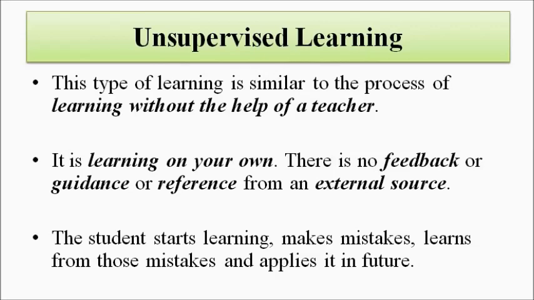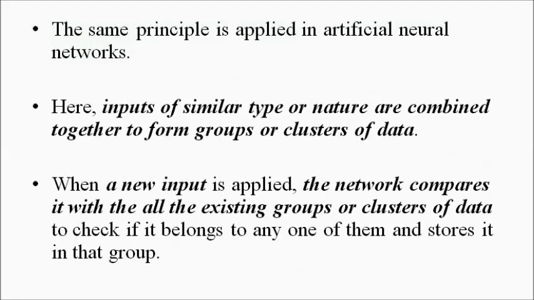So here what happens is that when the neural network is fed with data, a lot of data is given to the neural network, what it does is that it combines all the data which are of similar type, of similar nature.